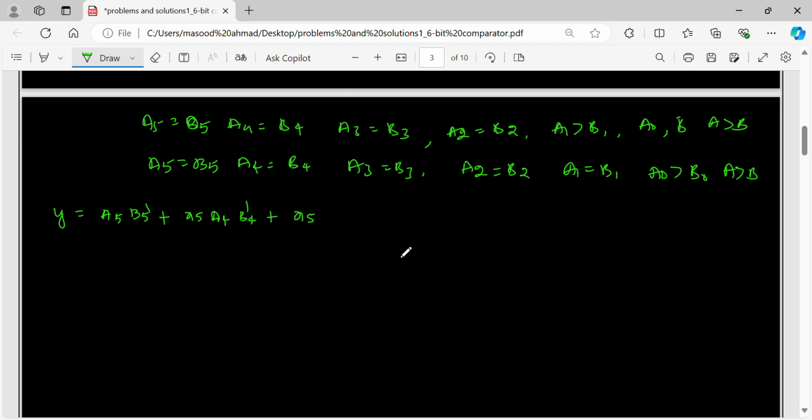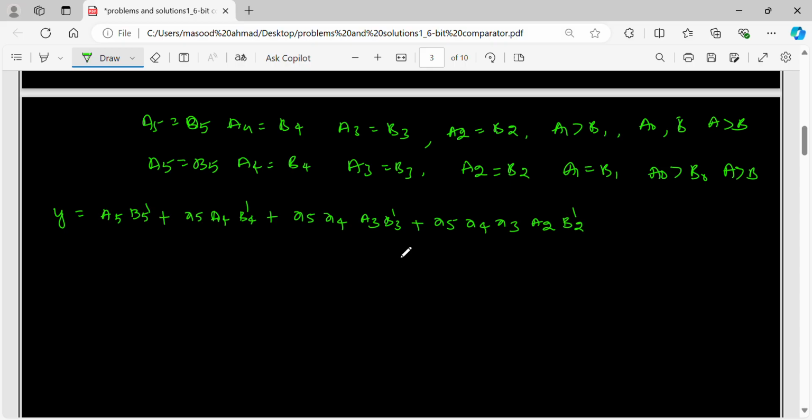Or X5 X4, then A3 B3 bar. X5 X4 X3, then A2 B2 bar.